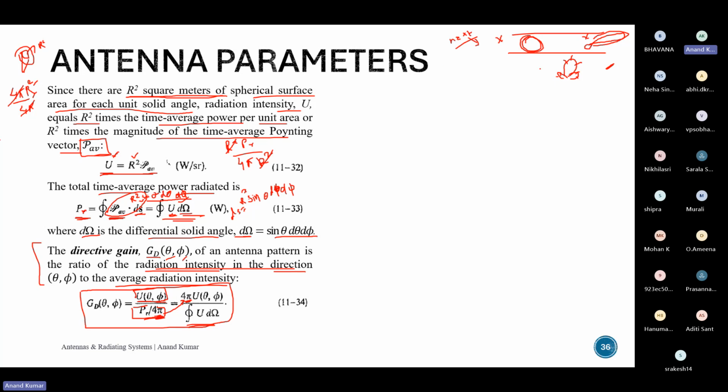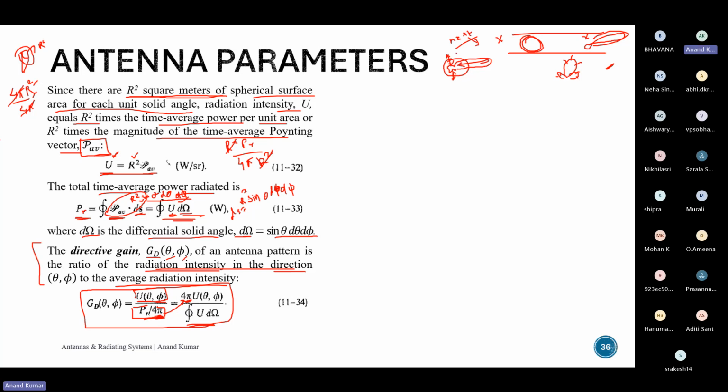If your antenna had a certain amount of power and radiated that power equally in all directions, you would get an isotropic pattern. But if your antenna radiates in a weird way like this, in this direction you have less directivity, and in this direction you have more directivity.